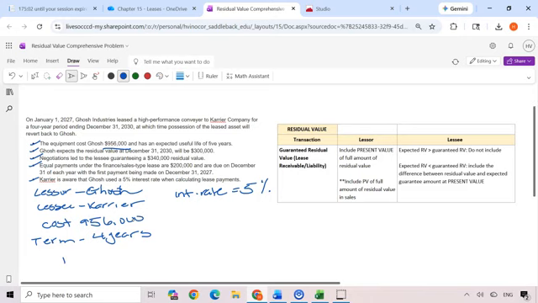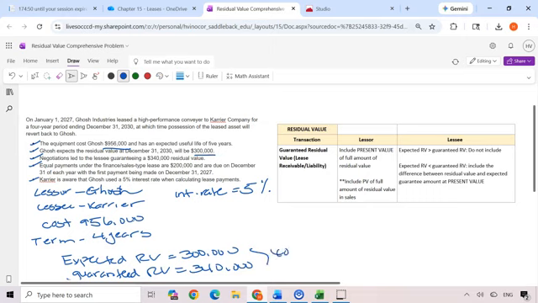I'm also told that the expected residual value, I'll abbreviate that as RV, is $300,000, but the guaranteed residual value is $340,000, which is a $40,000 difference.